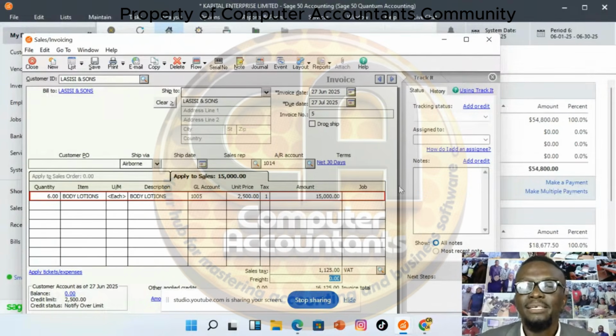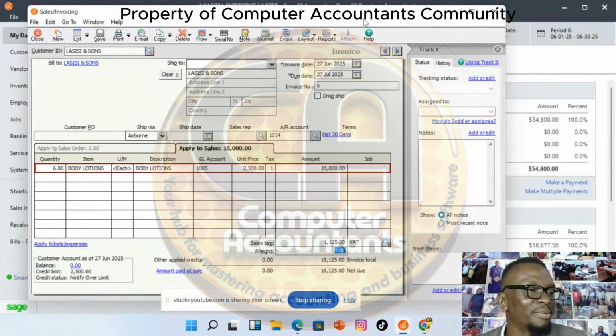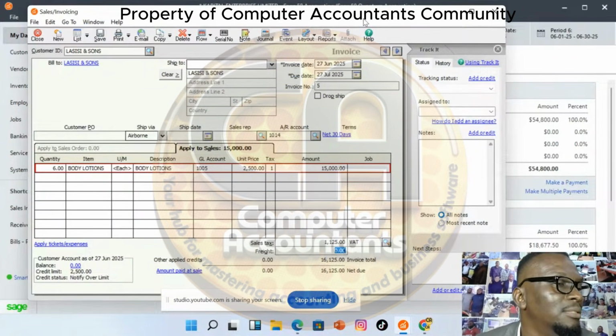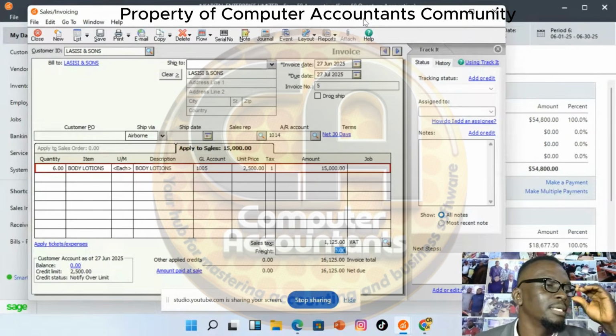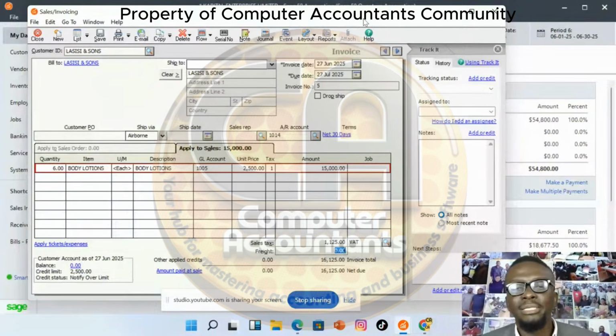Based on business relationship, we must give him discount, he's a good customer. We have net of input VAT already. Lasisi can say, based on the relationship, I cannot pay 16,125. Please give us discount. Then the management will say, okay, give him 1,000 naira discount.